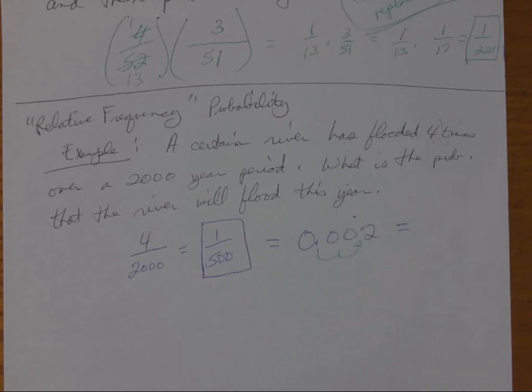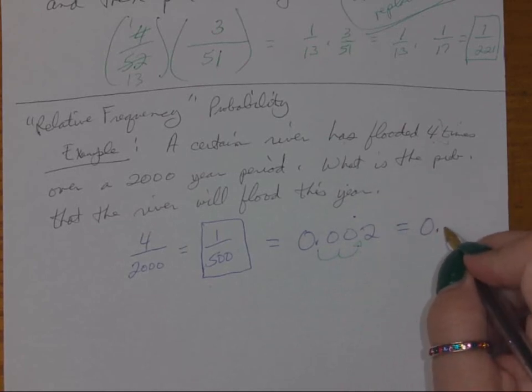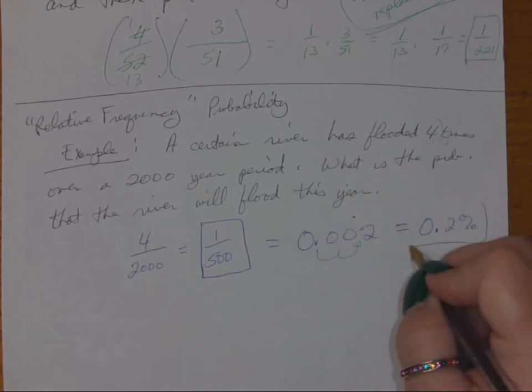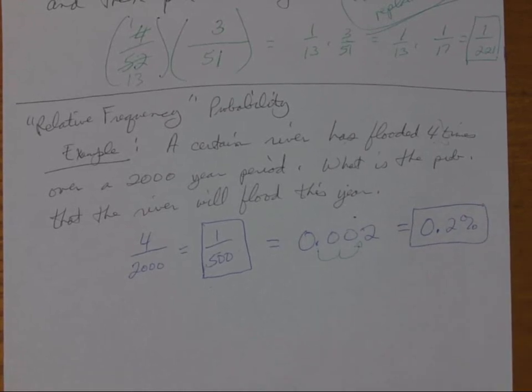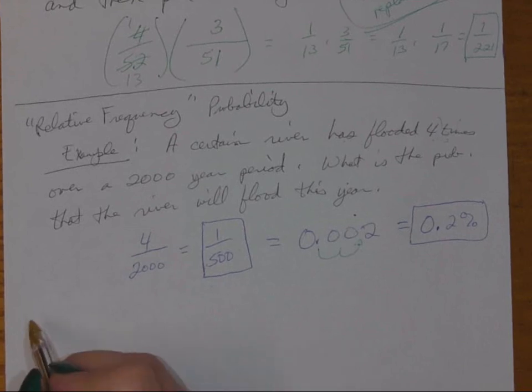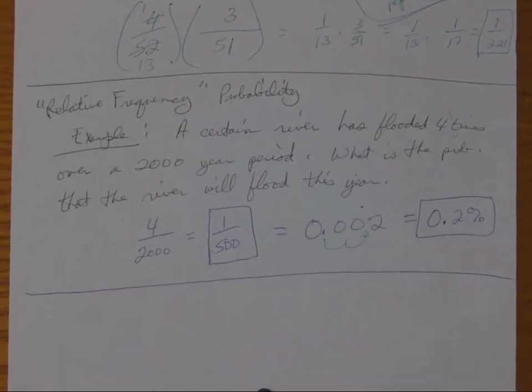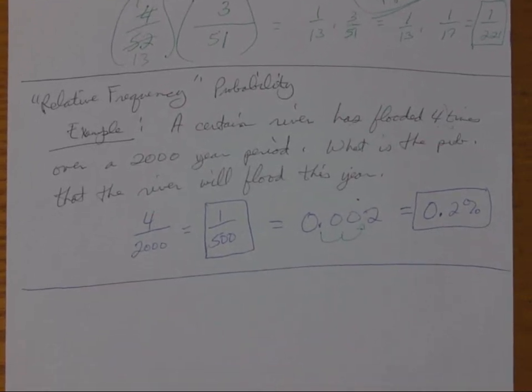If I move that decimal 2 places, 0.2%. So what is that? Let's think about that. It's less than a 1% chance, right? It's very, very slim pickings here. So it's unlikely that it's going to flood. We don't think it'll flood that river this year, but it's not impossible.